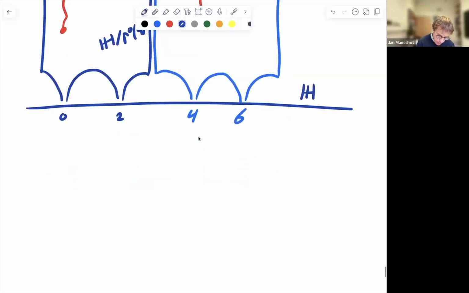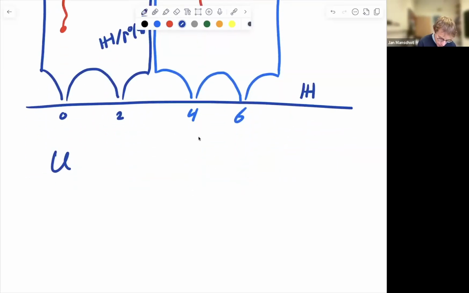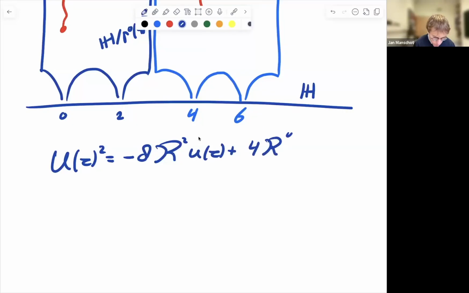The usual formula to write is maybe u of tau squared is -8. Actually, there's a precise formula in terms of capital U and small u, which looks as follows: plus 4 R to the 4 plus 4.